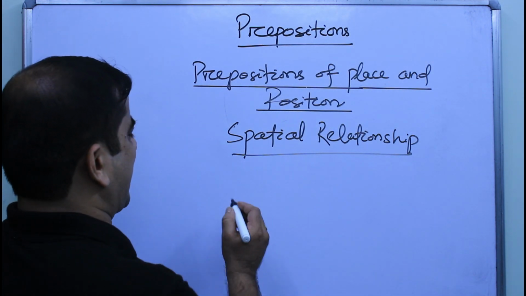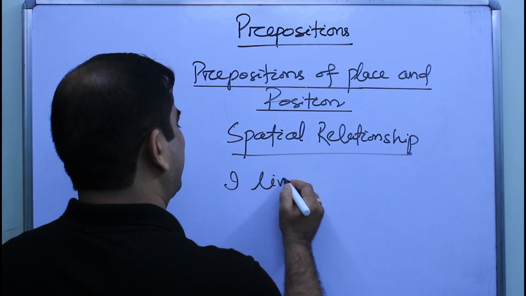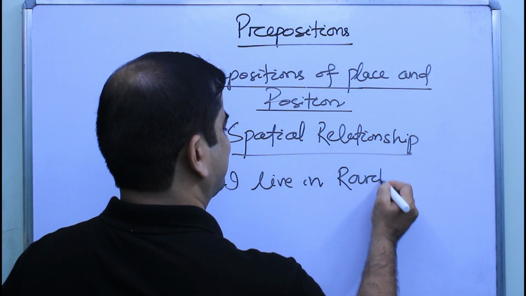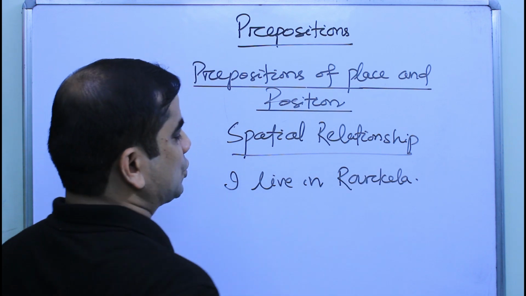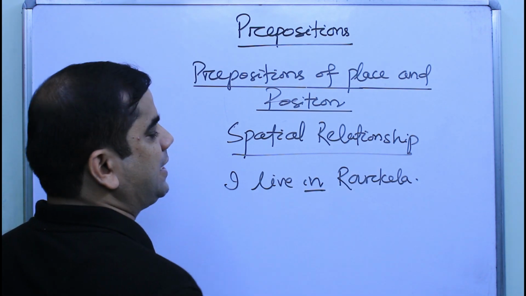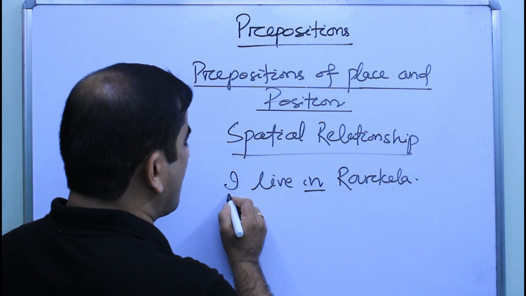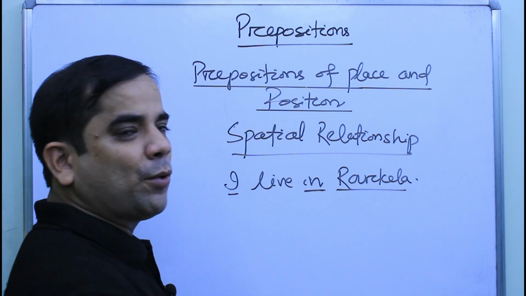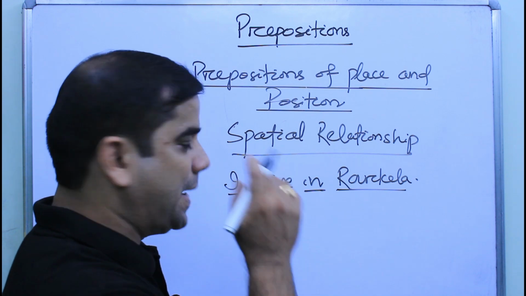For example, if I write, I live in Rourkela. So here the preposition in is used to show my place. So here the preposition in is a preposition of place.